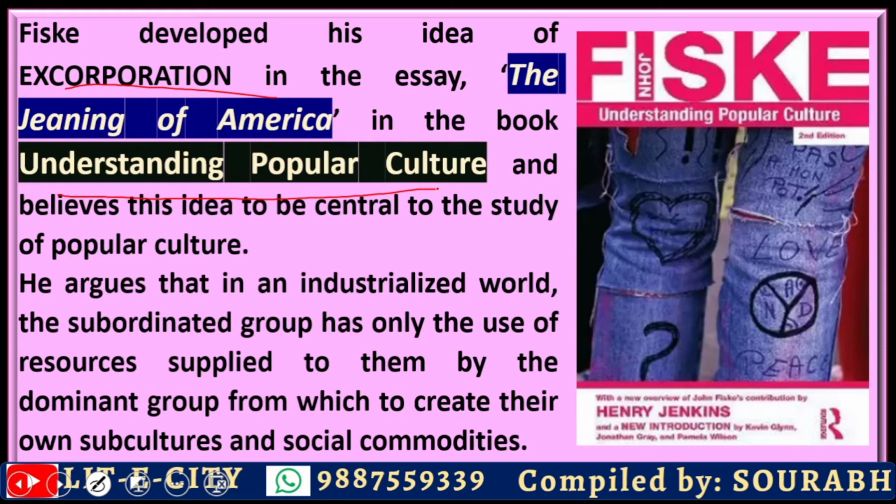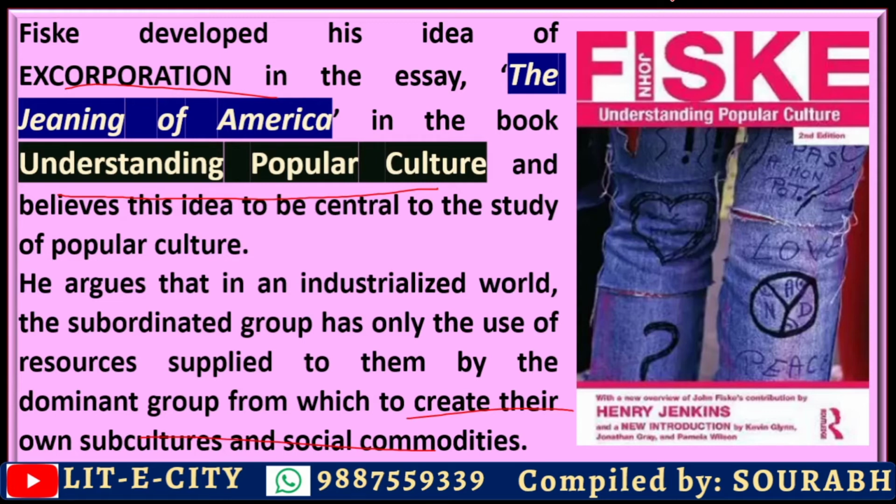What he says is, in an industrialized world, the subordinated group has only the use of resources supplied to them by the dominant group. They don't have access to all kinds of resources. And from these supplied resources, they create their own subcultures and social commodities.